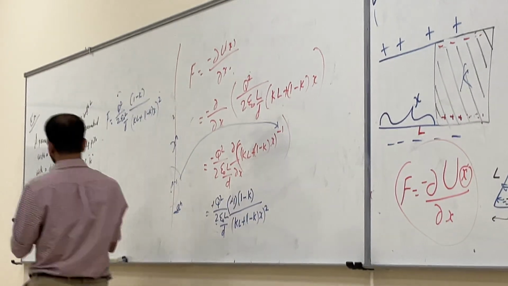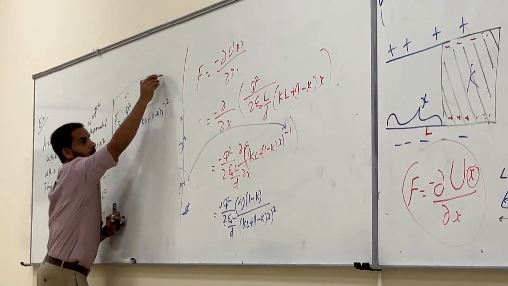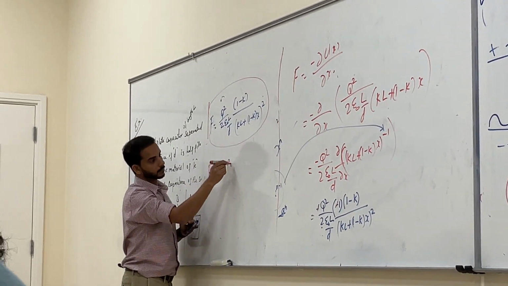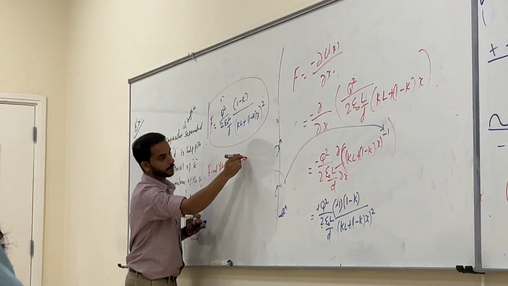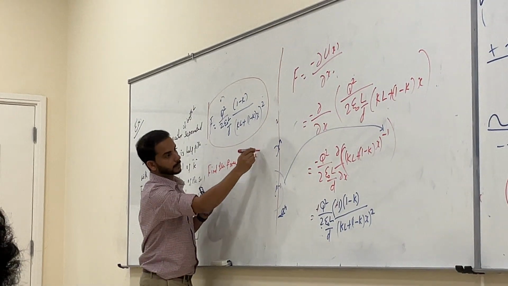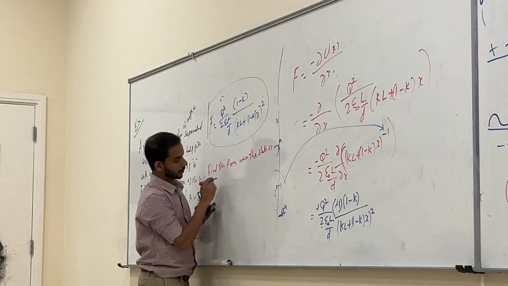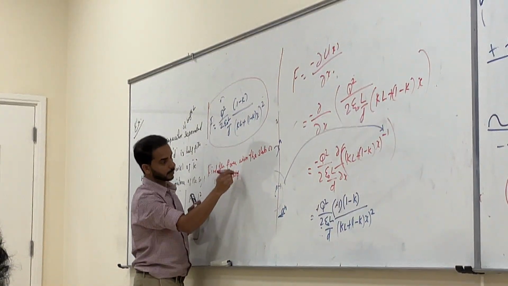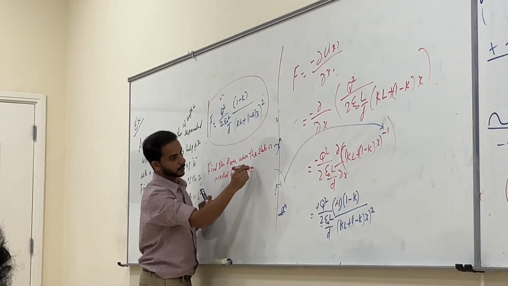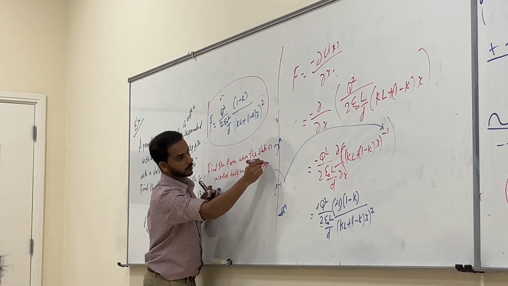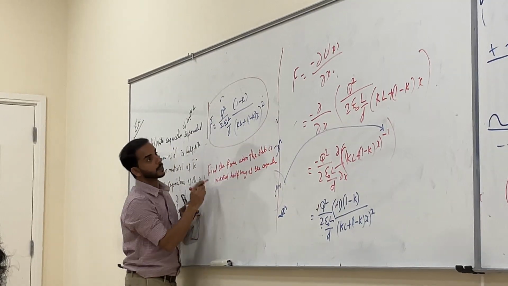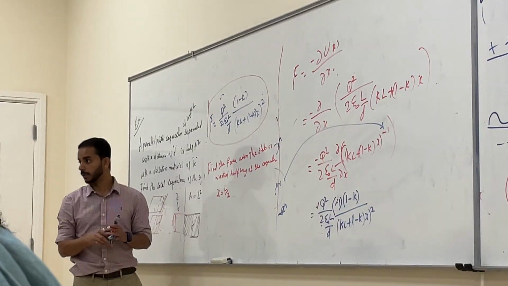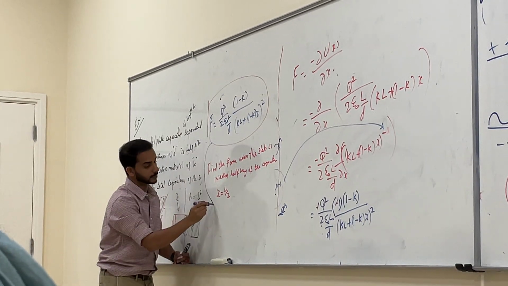But if I ask you as a sub question, find the force when the dielectric slab is inserted halfway into the capacitor, which means my x will go to L by 2. Then I can substitute x is equal to L by 2.